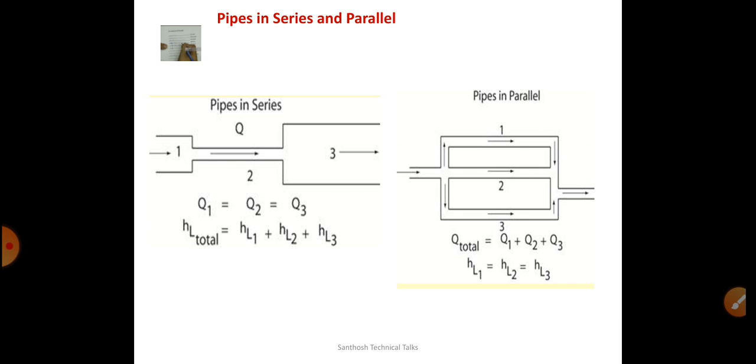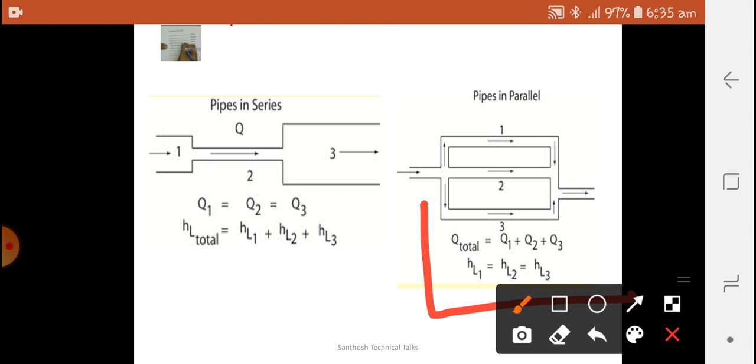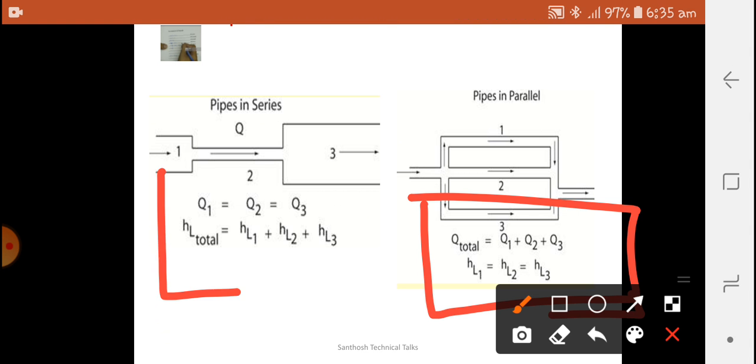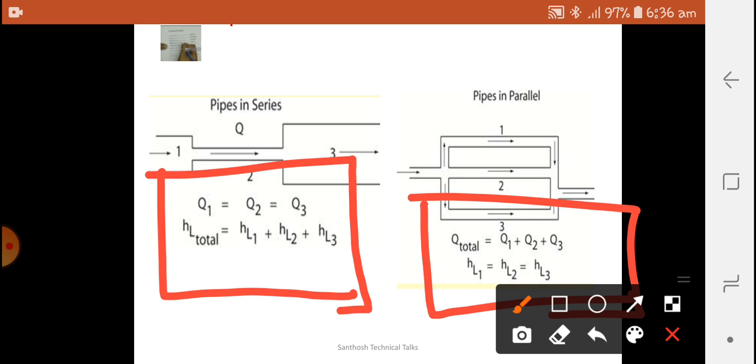Next, after knowing all these major and minor losses, we have series and parallel pipes. Here we have to note these equations carefully. If the pipes are in series, they are connected one after another. If they are in parallel, the pipes are placed side by side. If you see a radiator, it is a parallel flow.